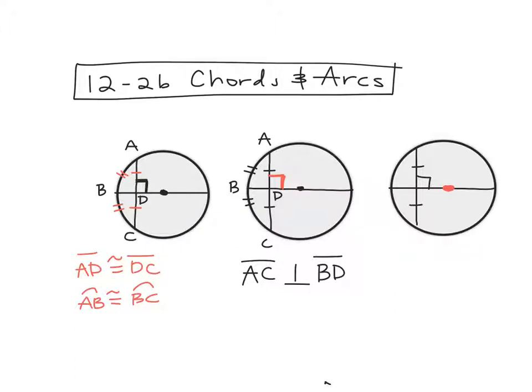So we're going to give this a letter E over here. We know that BE is a diameter. Okay, it goes through the center of the circle if it's perpendicular and bisected. So as you can see, all very similar pictures. It's just which two pieces of information did we know to get to the third piece of information? Okay, questions on those?